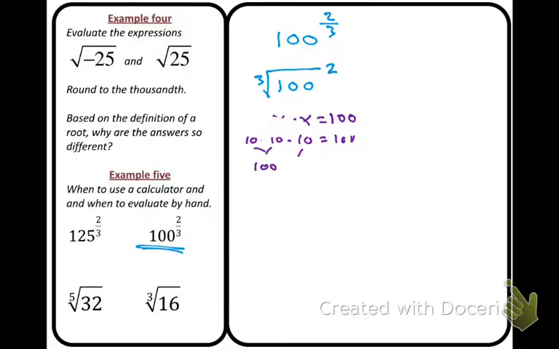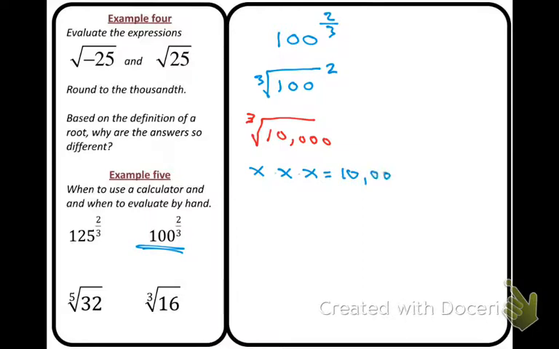So let's see if we can do 100 squared. 100 times 100 is 10,000. Now is there a number times a number times a number that equals 10,000?